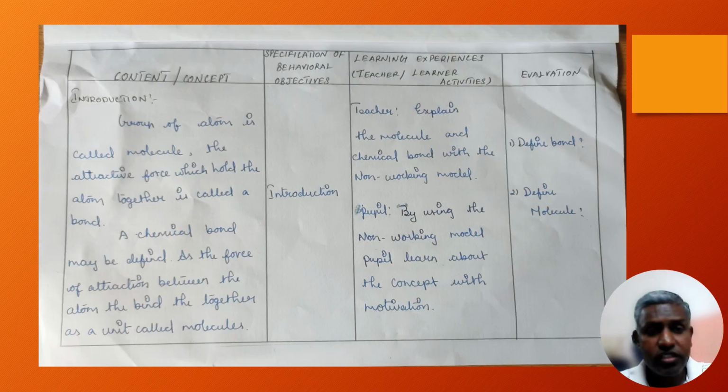I already discussed what a teacher can expect from the student after teaching or after properly explaining the concept. The third part is learning experiences, that is, what the roles of the teacher and the learner are, and how they can be incorporated in classroom situations. So the teacher can explain something and the students can also do some activities to grasp the content.